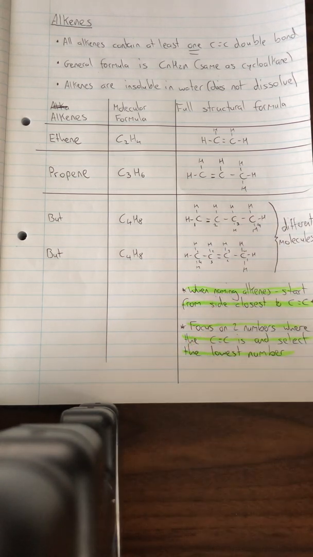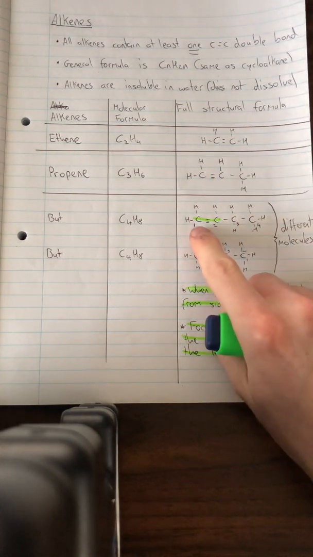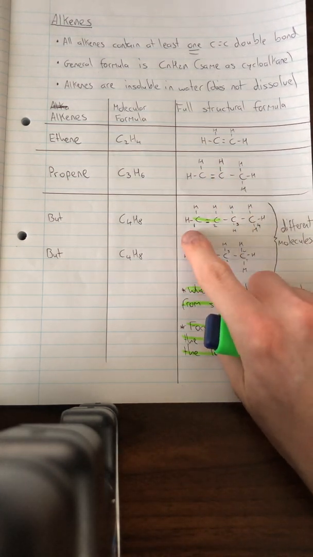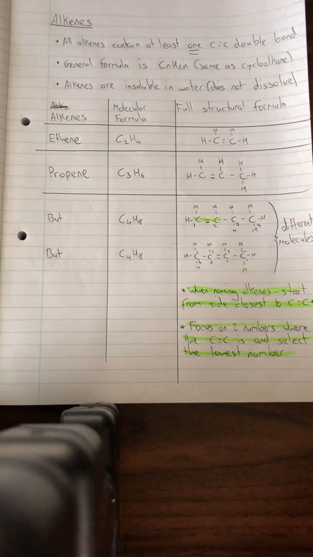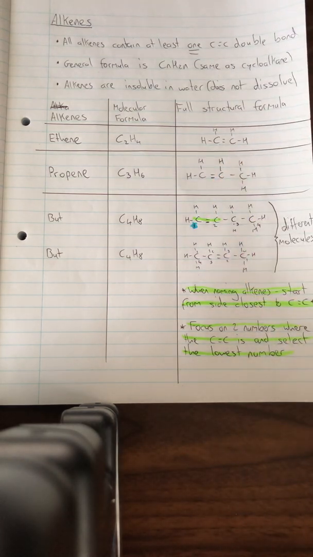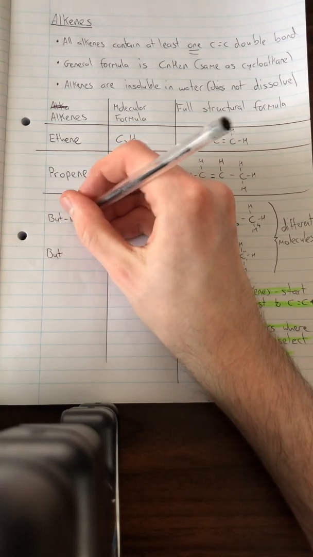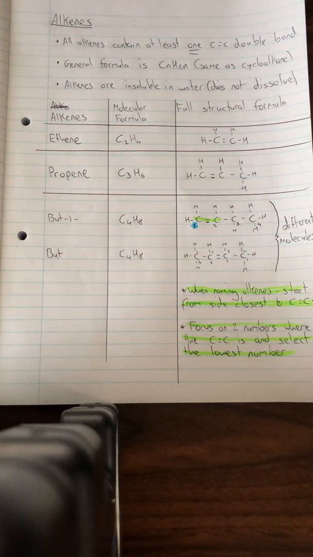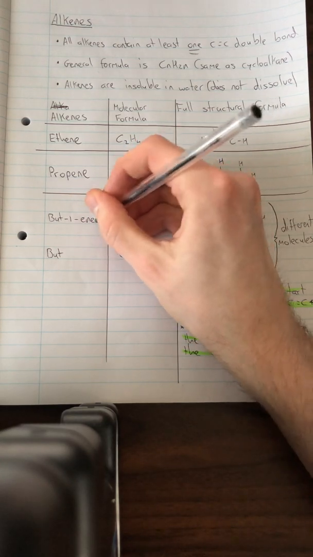So if we look in the first one, the carbon to carbon double bond is between 1 and 2. So we focus on the lowest number, which is number 1. So we call this bute-1-, and because it's an alkene, it ends in ene.